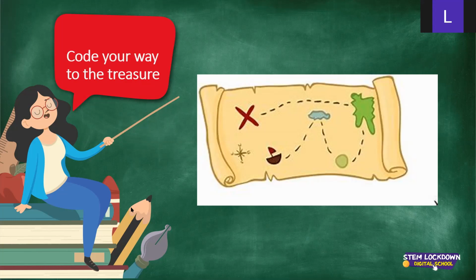Now we have these stripes on the paper that show us how many steps we need to follow. Does that make sense? So if I had to tell the boat to go to the island or the rock, how many steps would I ask the boat to follow?